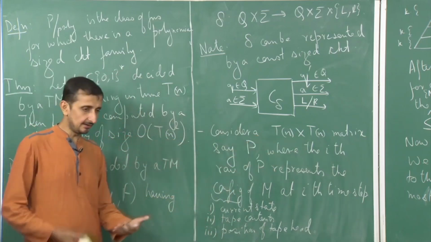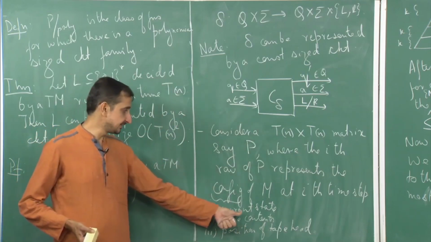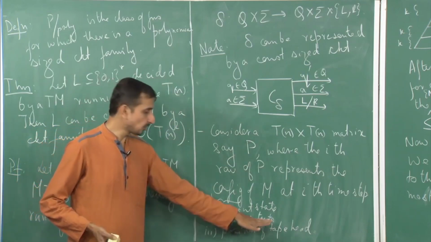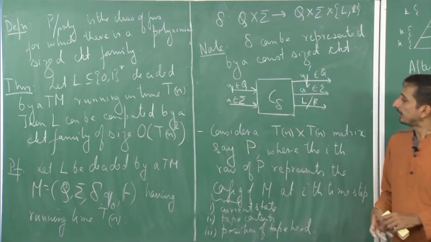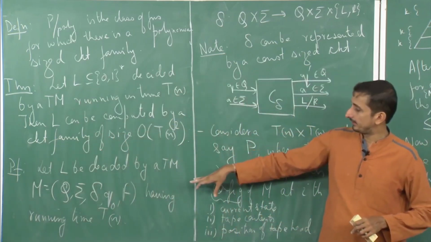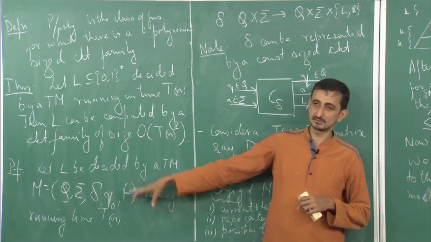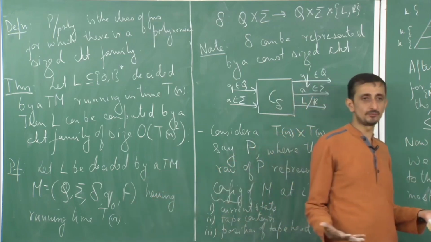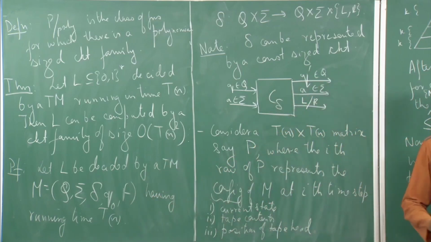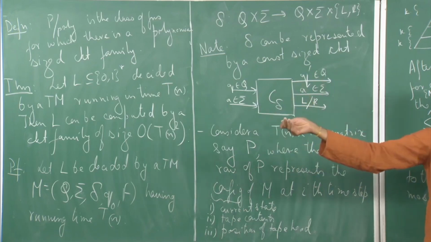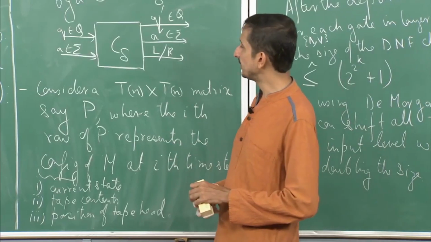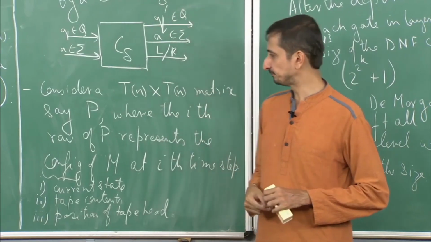Of course, the state is a constant thing, but for the tape contents, at any point in time the number of cells used in this machine M can never exceed T of n, because that is the total running time. You cannot go beyond the T of nth cell, because at every step you can only move by one step.